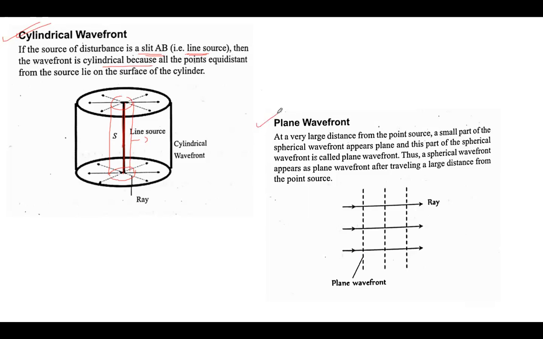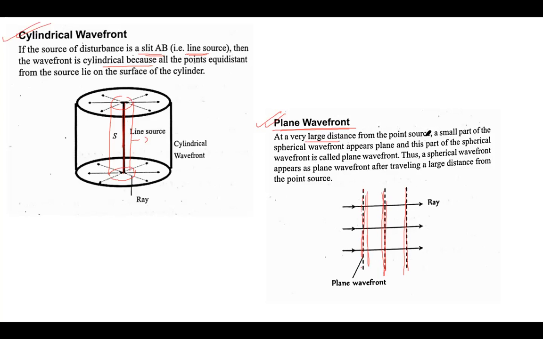Now the third one is the plane wavefront. Now what is this plane wavefront? At a very large distance from the point source, a small part of the spherical wavefront appears plane. When the spherical wavefront goes to a very large distance, its radius becomes very large, so its curvature gradually becomes straight. So this straight wavefront is called a plane wavefront.